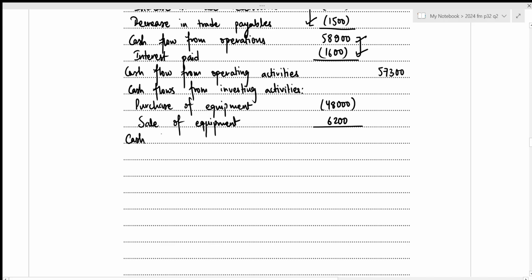Now we can get the cash flow from investing activities. That will be negative 48,000 plus 6,200, which results in negative 41,800. Now we can move towards cash flows from financing activities.